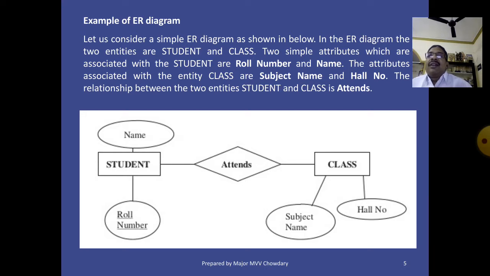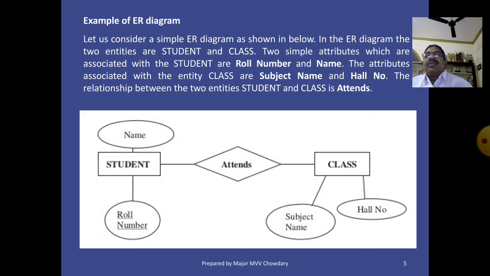These are the representations of ER diagrams. In an ER diagram we use entity, attribute, relationships. These three are mainly used in ER diagrams.